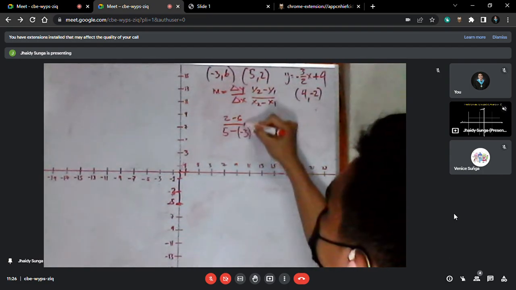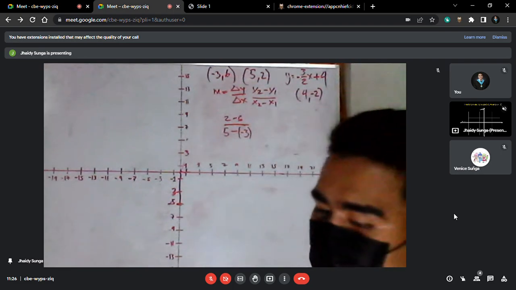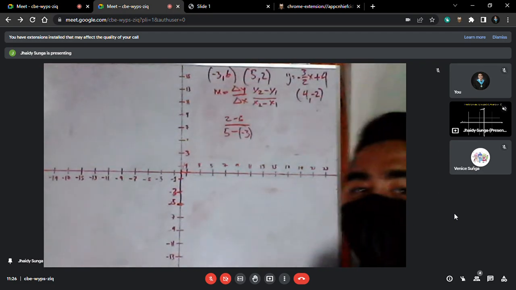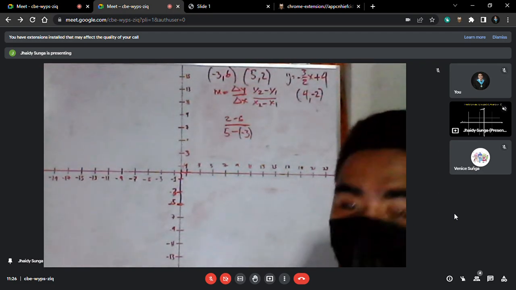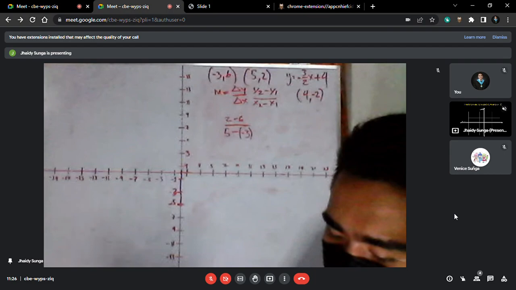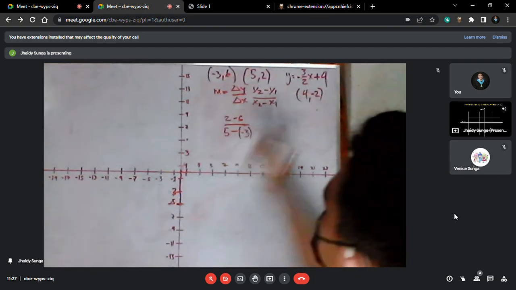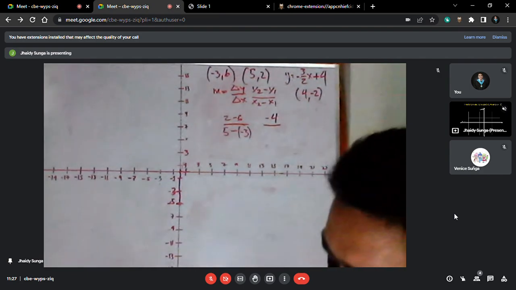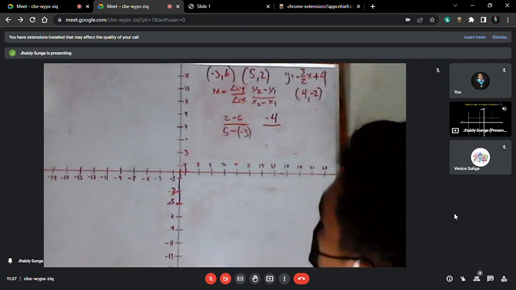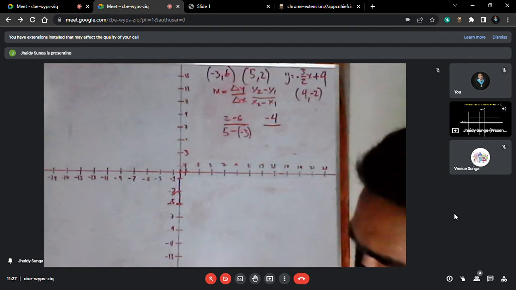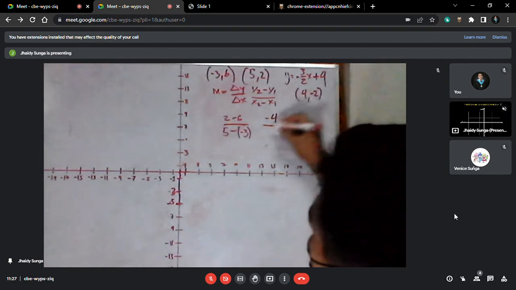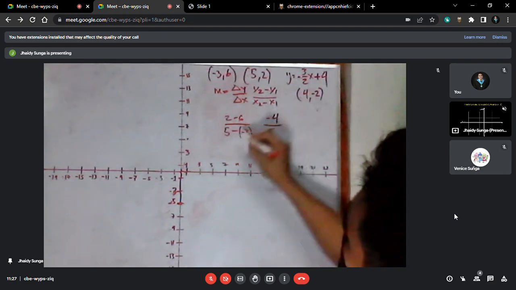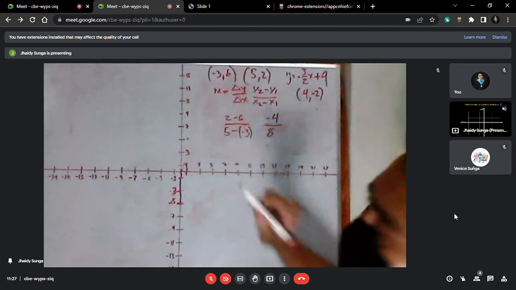If we have this form, what will be our slope? If we solve that, the numerator becomes negative 4. Then 5 minus negative 3 is 8.